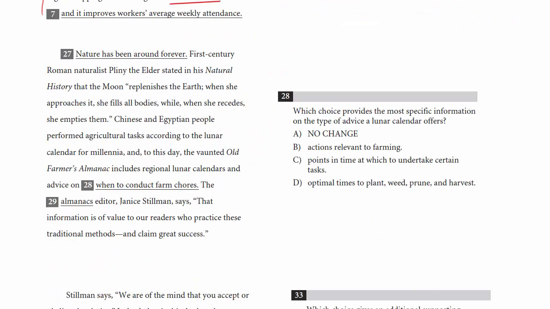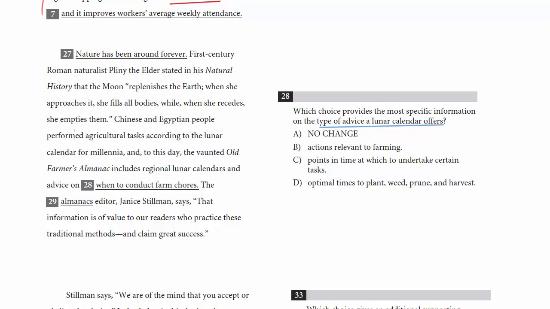Let's try 28. Which choice provides the most specific information on the type of advice a lunar calendar can offer? So notice, specific part, type of advice a lunar calendar offers. So let's go to the paragraph first and see what choice might work best.